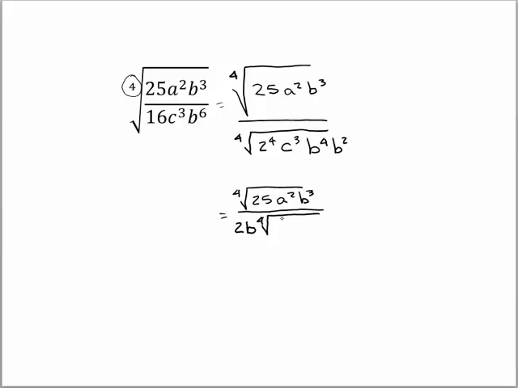Keep our 4. This is gone. This is gone. We have c to the 3rd, b squared. Okay, now I've got to get rid of this radical. So here I am again with 3 c's, and I need 1 more. And I have 2 b's, so I need 2 more.